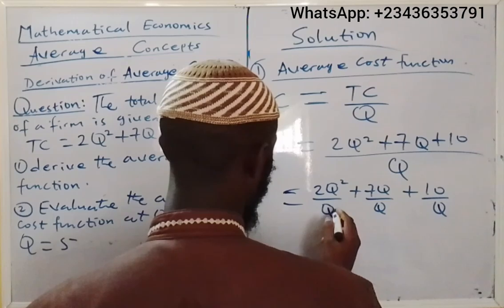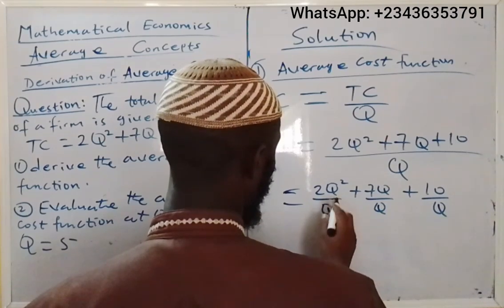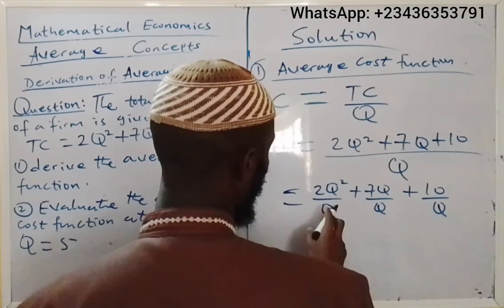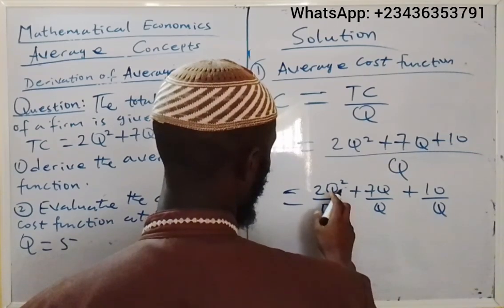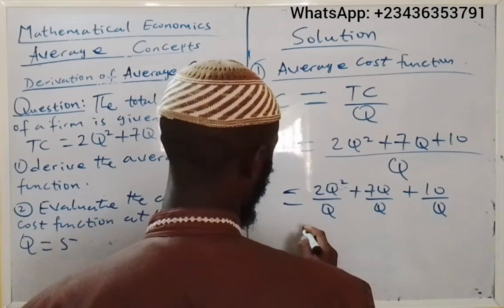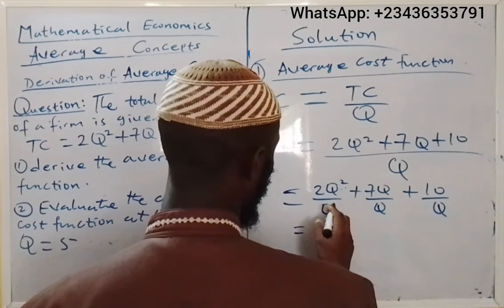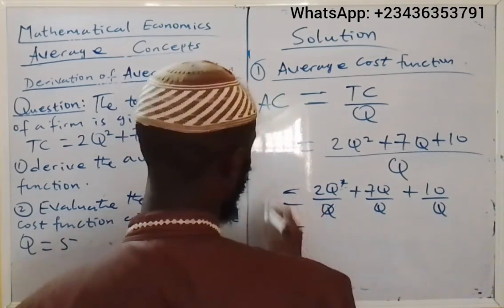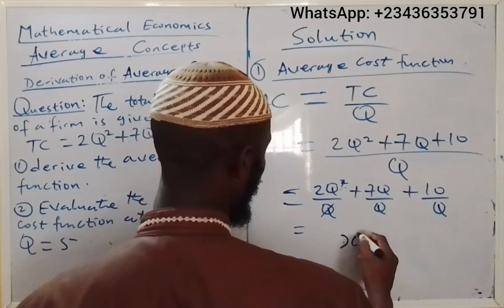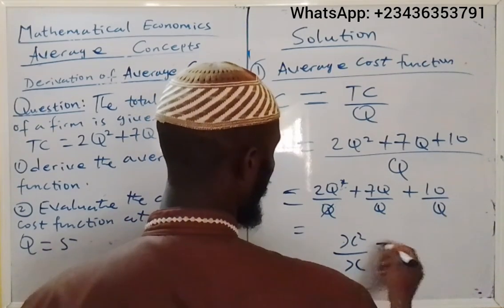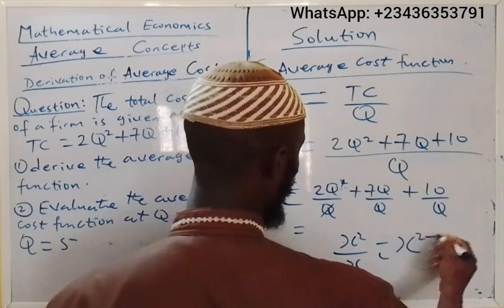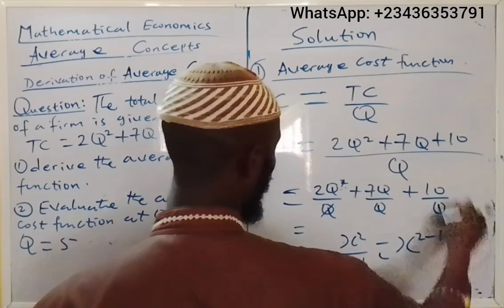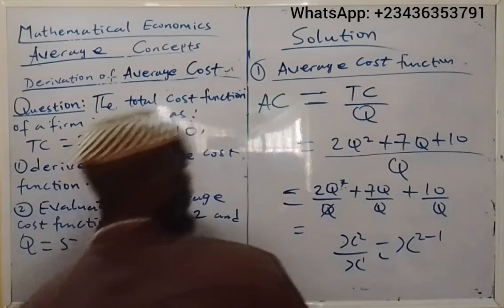So this is equivalent to the whole of this. Then we can go further. This one is Q raised to power 2, and we have one Q here. So this Q is going to cancel one of the Q there. We cancel out this power because of the law of indices. Remember the law of indices, we have x squared over x equals x to the power 2 minus 1, because this is division, you take out the power of this, which is 1, from the other.